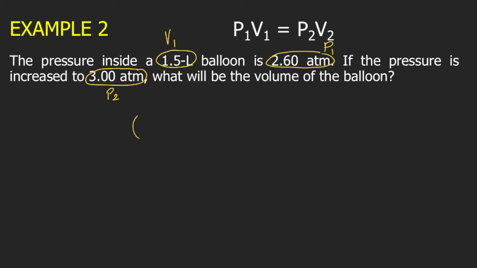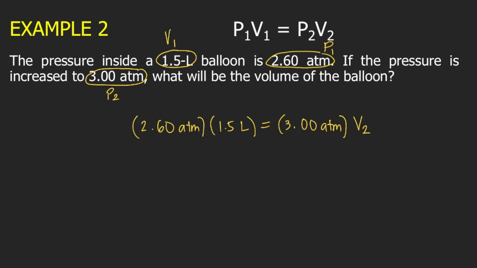So we have P1, 2.60 atm, times V1, 1.5 liters. That is equal to P2, which is 3.00 atm, times V2, which is missing.